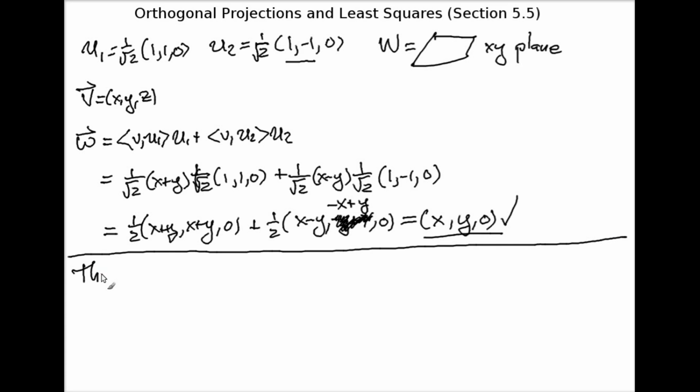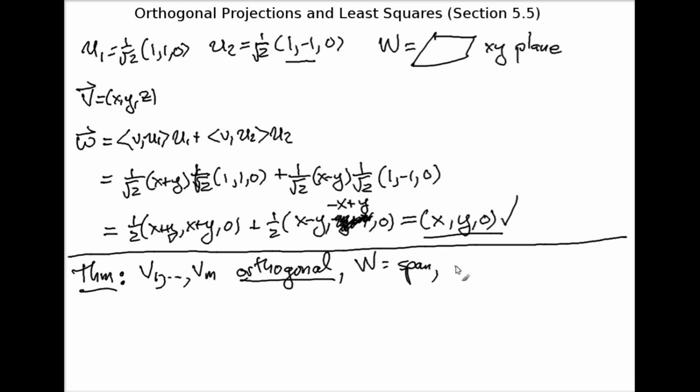And let's generalize the theorem just a little bit. Instead of having an orthonormal basis, suppose I had v1 through vm orthogonal, not necessarily orthonormal, and W was the span. And if you take a vector v and you do orthogonal projection to this subspace and call the vector w, the formula for w is what?